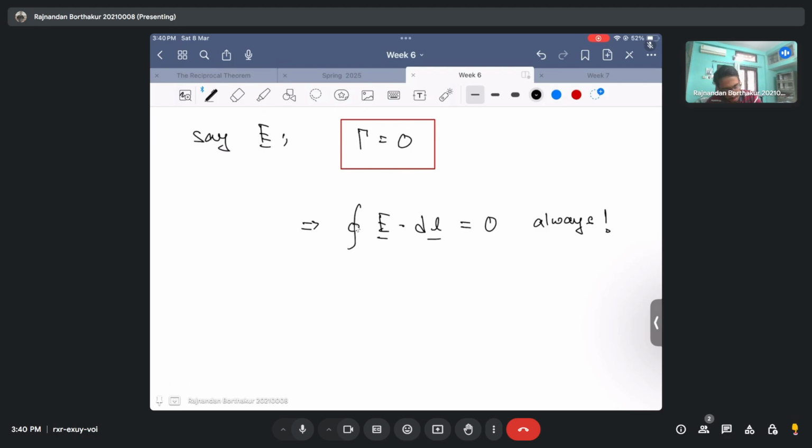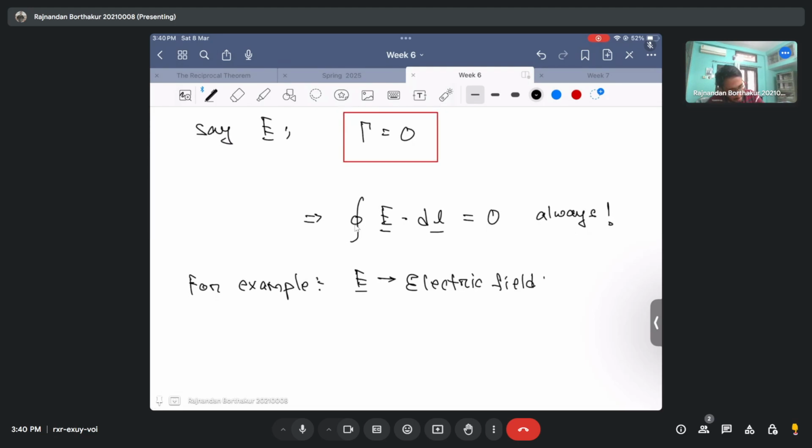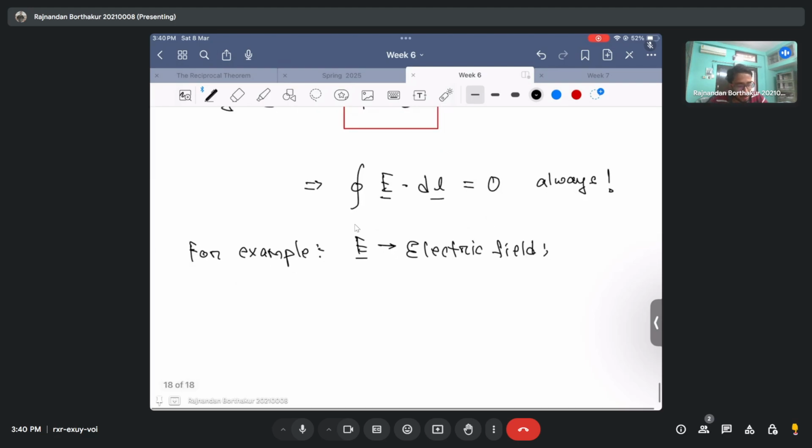So for example, this E that I wrote can be my electric field. And then we also get one more important property from this.